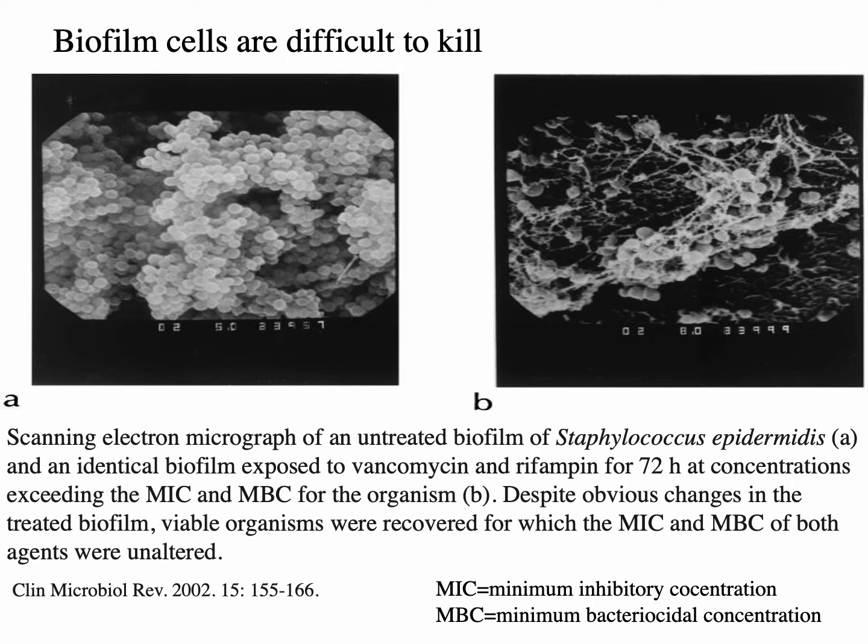The difference between those two is basically that one inhibits growth, that's MIC, and one kills the bacteria, bactericidal. Cidal means killing. So for every antibiotic there are two values, two concentrations, one MIC and one MBC, against a particular organism. Typically, the MIC value is higher than the MBC.